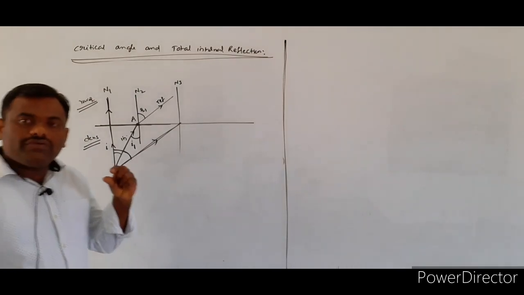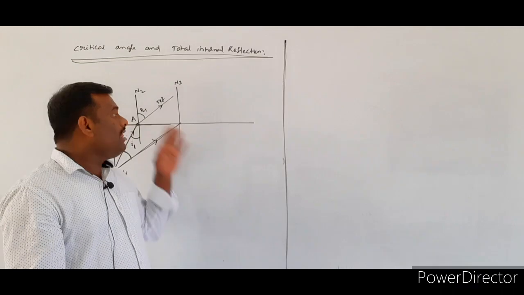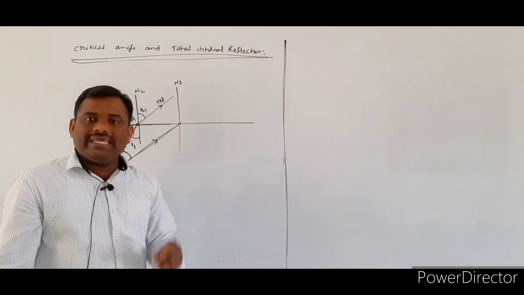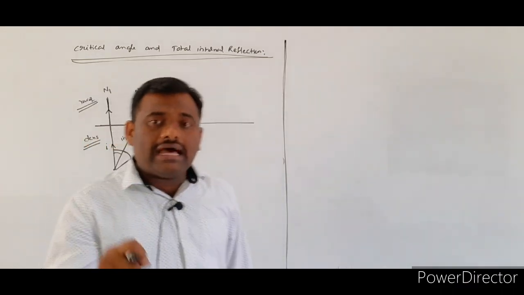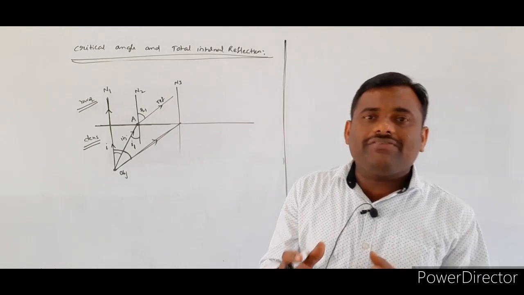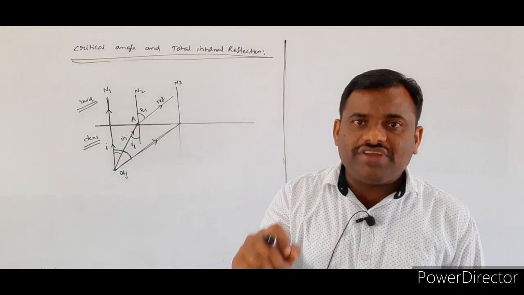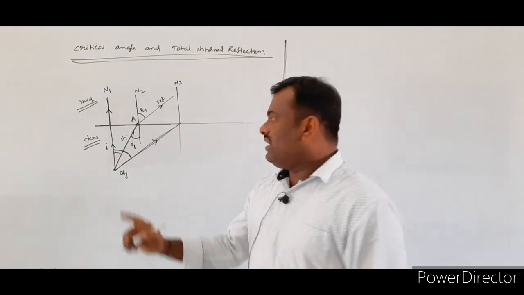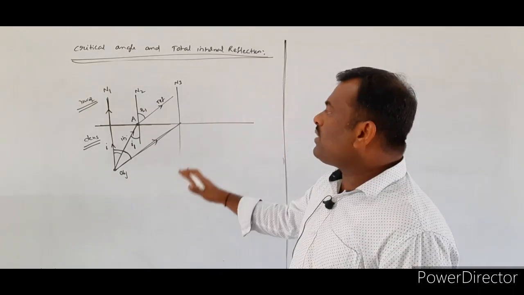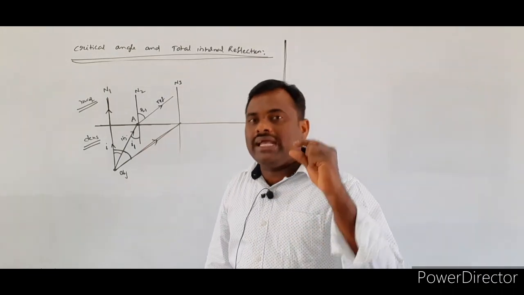That means we are increasing the angle of incidence value in the denser medium. Whenever you increase the angle of incidence value in the denser medium, the corresponding angle of refraction, which exists in the rarer medium, also increases.